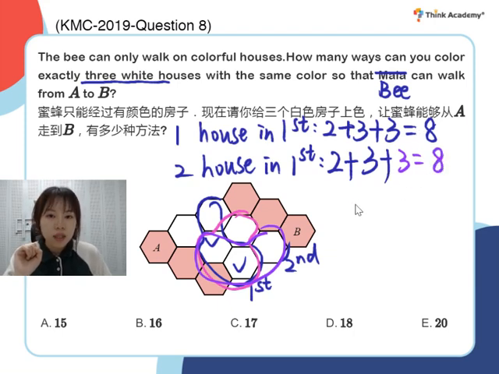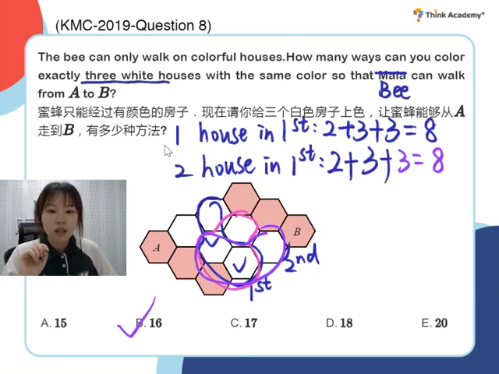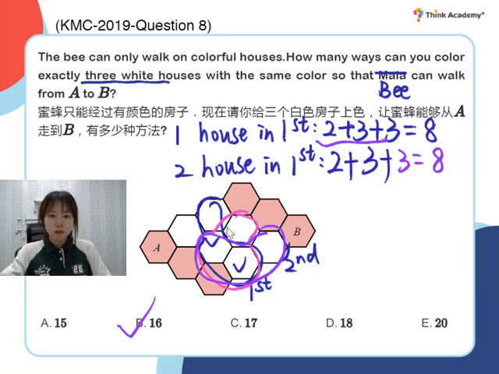Now 8 plus 8, we have 16 ways in total. Understand, that's about counting, but you have to count in order. One house in the first layer, two houses in the first layer, and use the plus to put them together. Okay, that's it for today's lesson. See you next day. Bye.